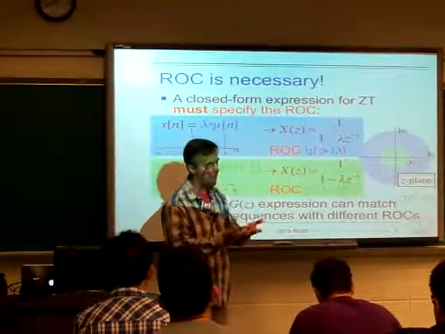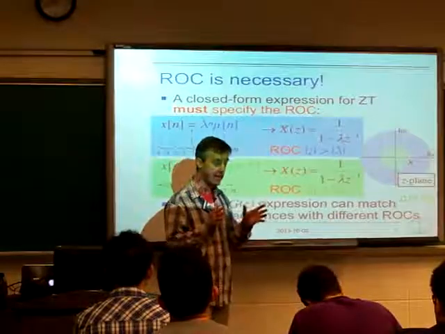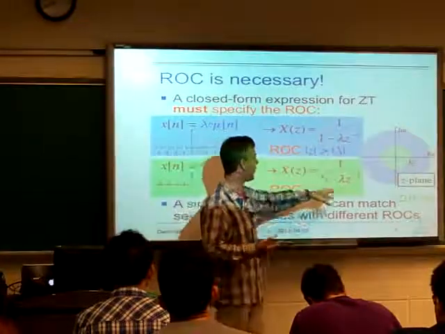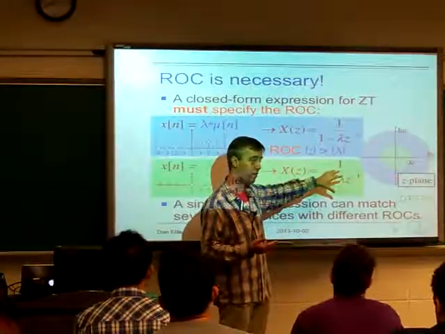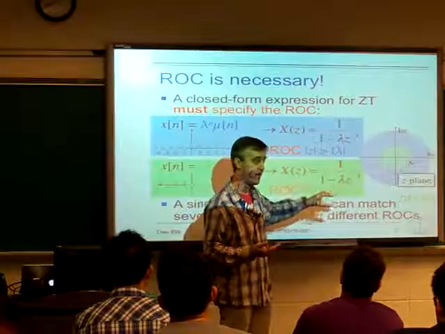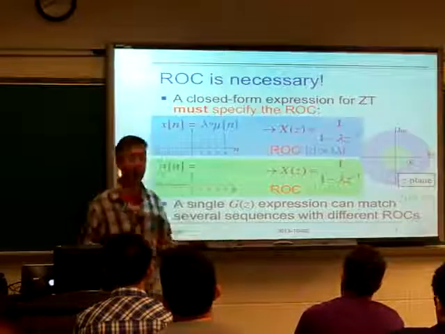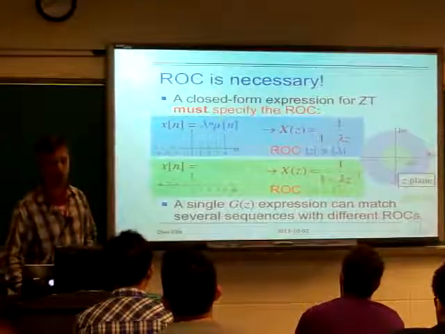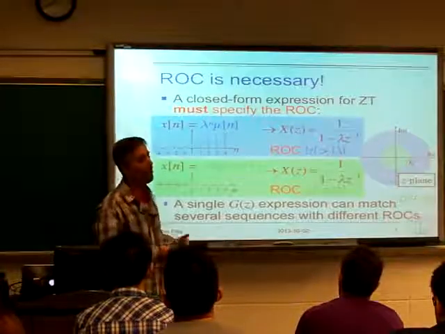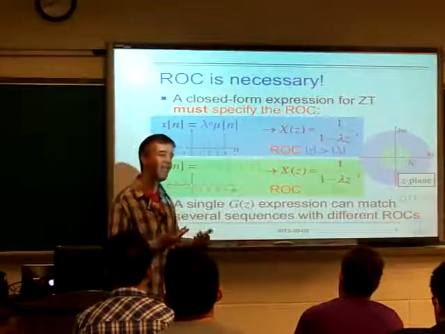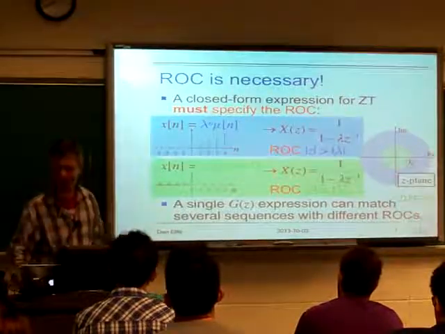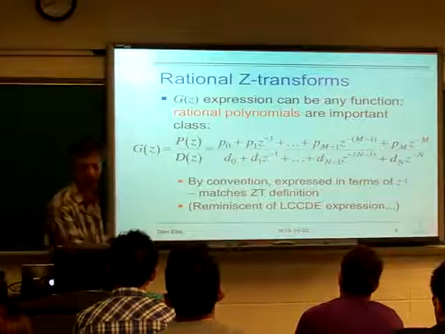And so by extension, if someone is trying to define a Z transform, they can say, I've got this nice closed form expression for its values, but they need to specify for which values of Z it's valid, else they haven't given you enough information to figure out what the Z transform is. And that's a classic way of taking points off people in a test. If you're asked to take the Z transform of a function and you don't specify the region of convergence, then you haven't fully done your job. Okay.